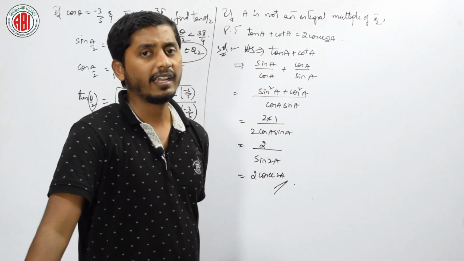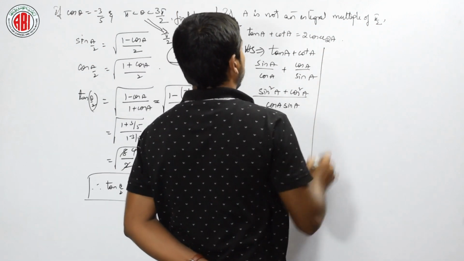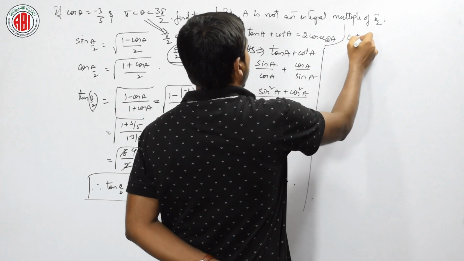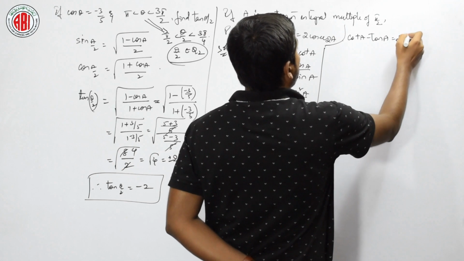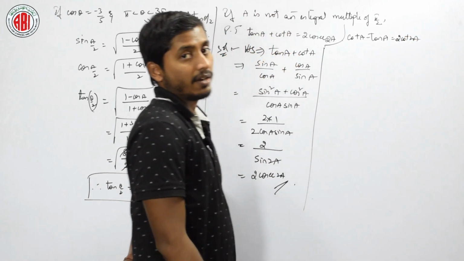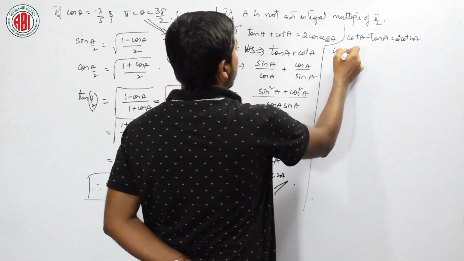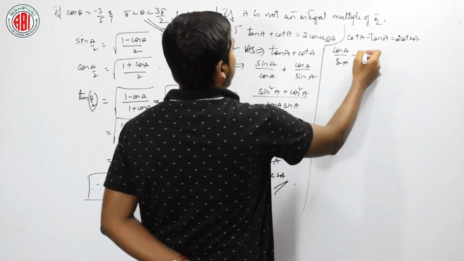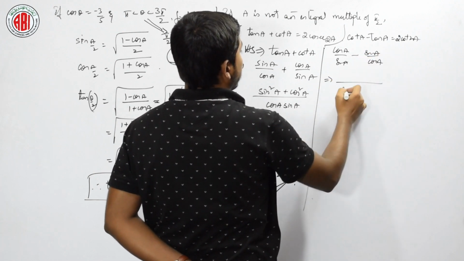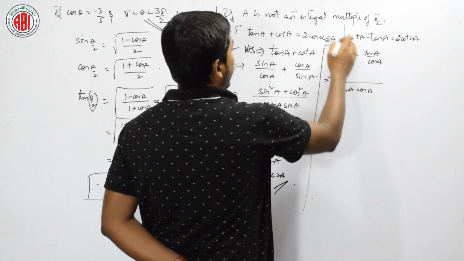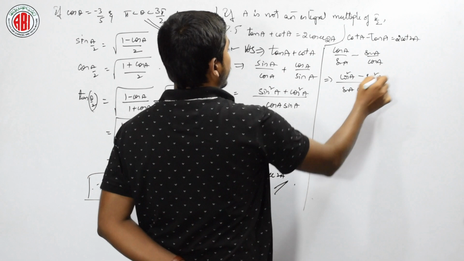Did you understand? Right? We can also have one more problem, such as cot a minus tan a is equal to cot 2a. Shall we do that problem? Again we can do the same thing. Cot is cos by sin, tan is sin by cos. Let us take the LCM sin a into cos a, cross multiply, it will become cos square a, and here sin square a.